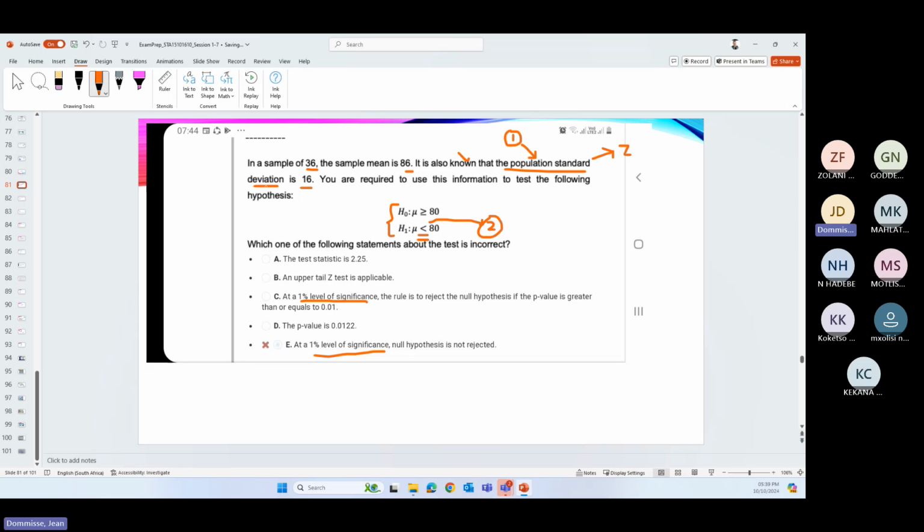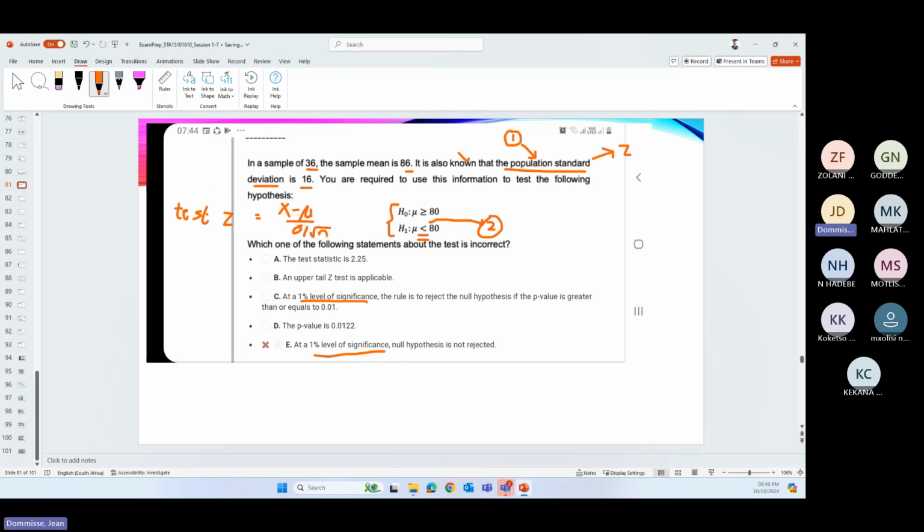And sometimes they then give you, so in this instance, because we don't know what the level of significance is, we don't really know what the critical value is. We will be able to work out the test statistic, or the test Z as I call it, because we will know this component.